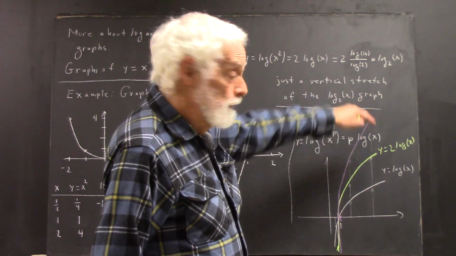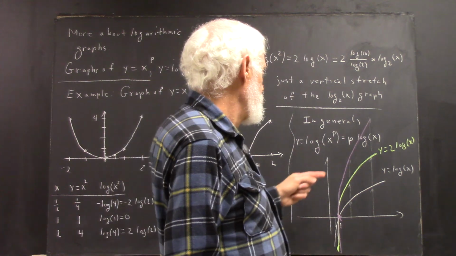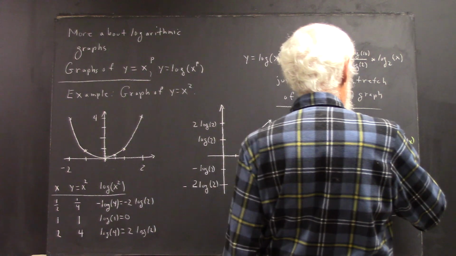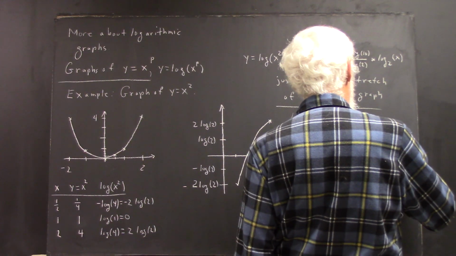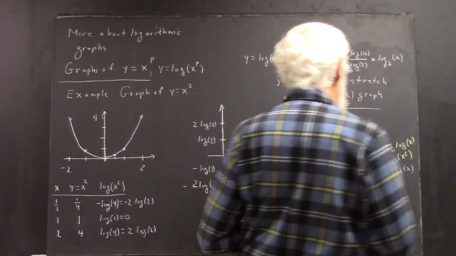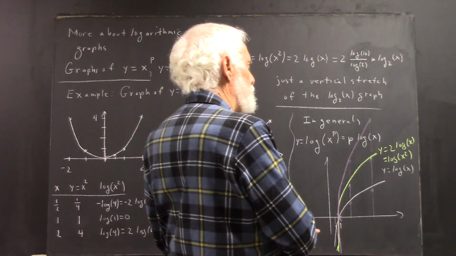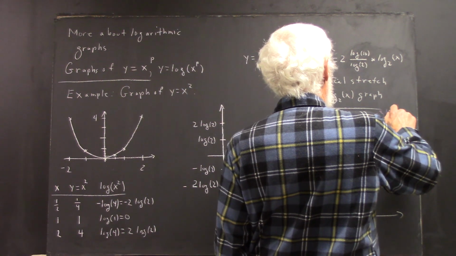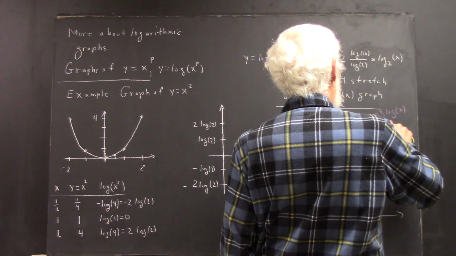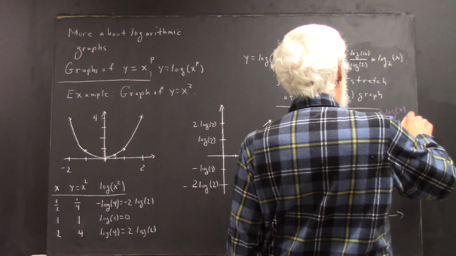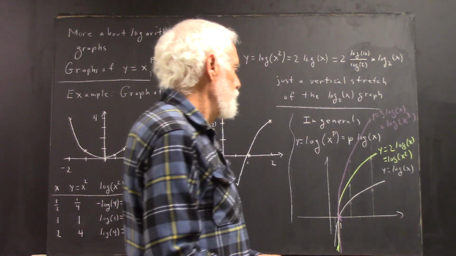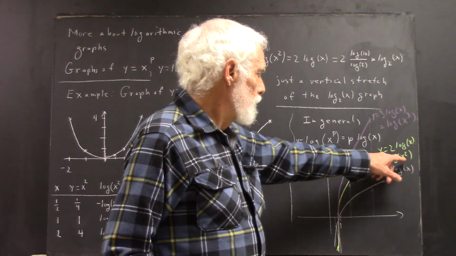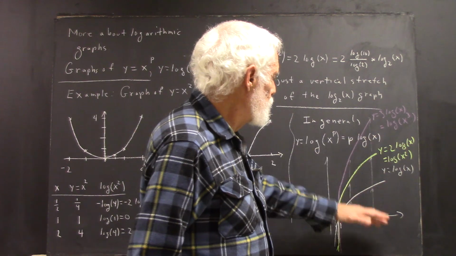There's a graph of y equals, let's see, this would be y equals 3 log of x, equals log of x cubed. So we have y equals log of x, y equals log of x squared, y equals log of x cubed.